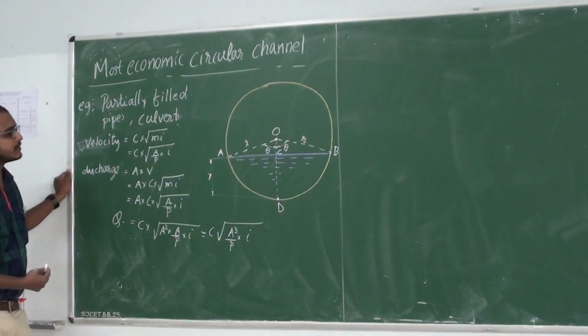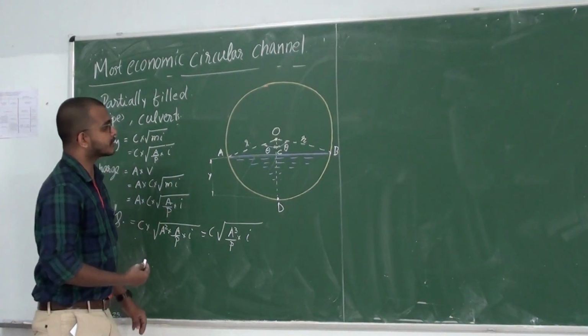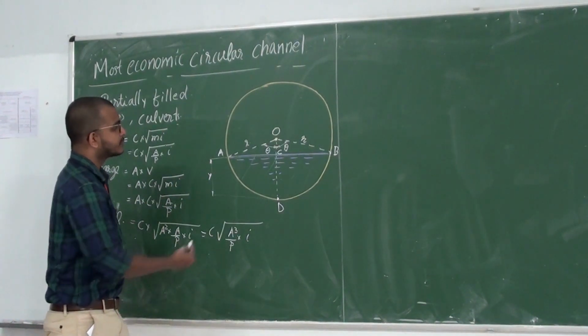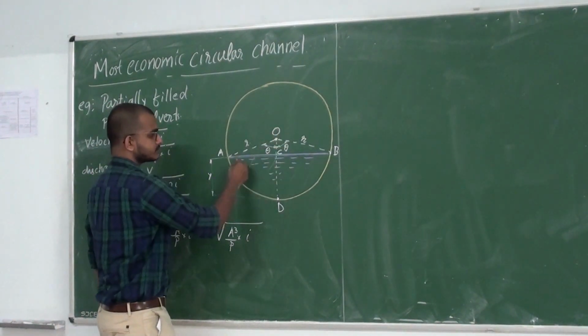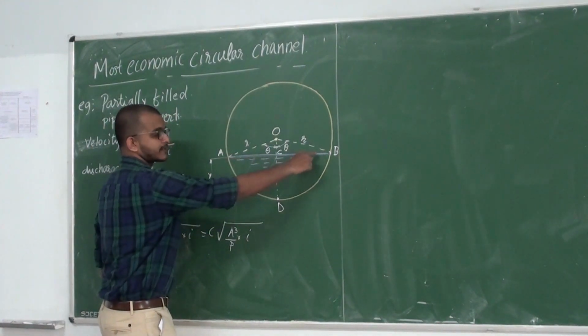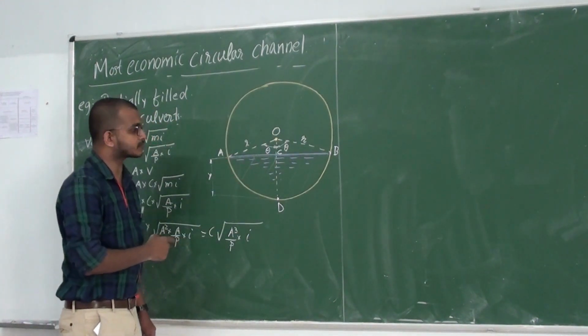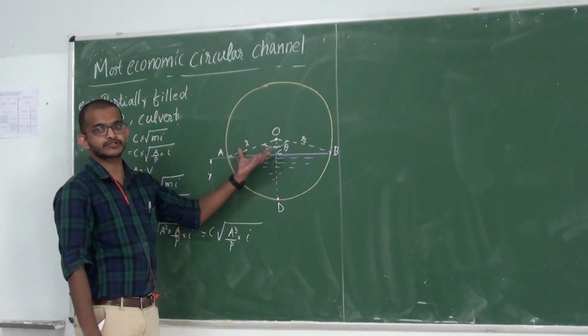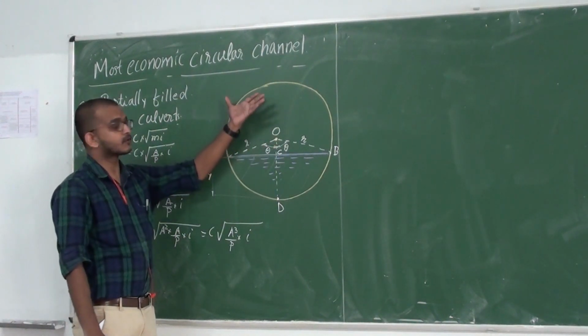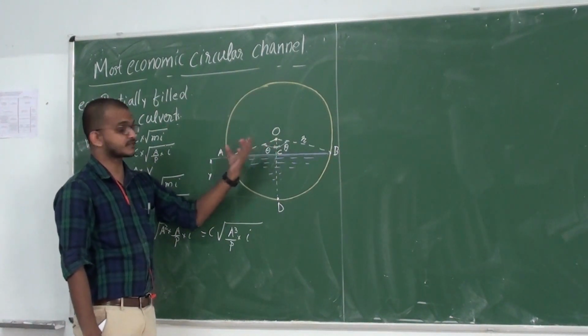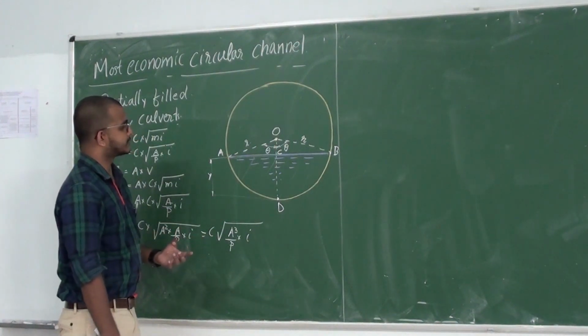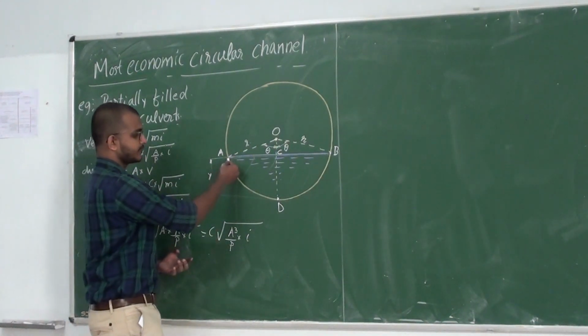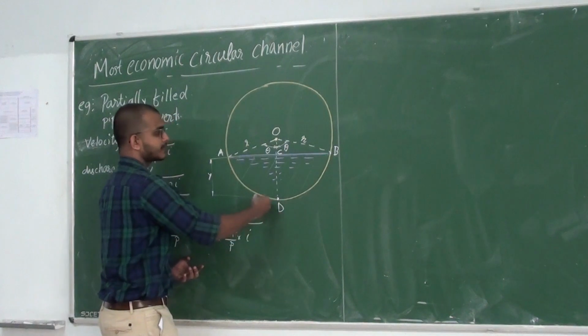Now, let us look at the geometry of a circular channel. This is the center, and this violet line represents the free surface of water, that means the part of the water in contact with the atmosphere. And this is the wetted perimeter ADB.